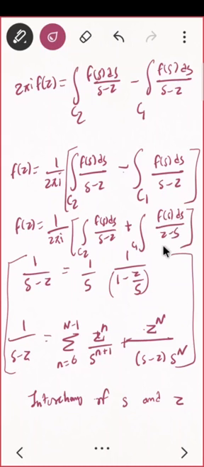And look at this, I'm having 1 upon z minus s. So I want to just change the roles of s and z. At the place of s I will be putting z, at the place of z I will be putting s.